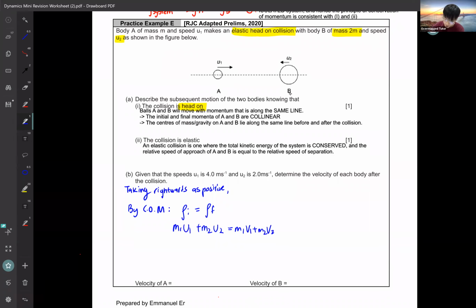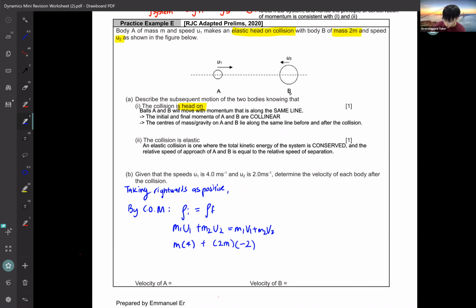Okay, and in this case, M1 will be M times 2. Oh, sorry, 4. And then M2 will be 2M times minus 2. Why minus 2? Because it's traveling to the left, so it's negative.